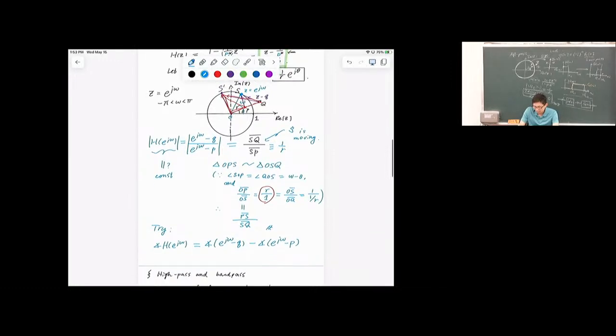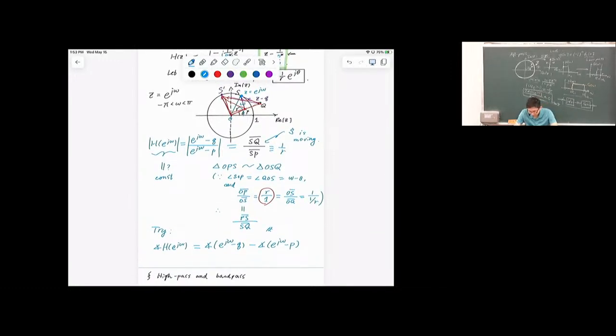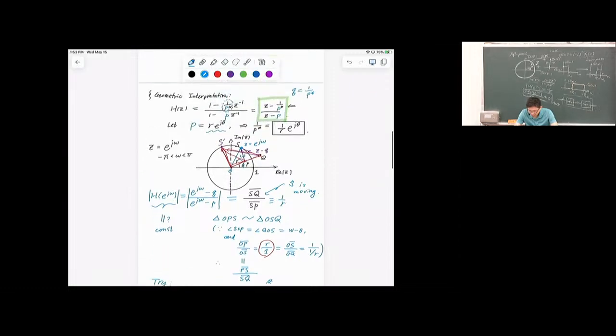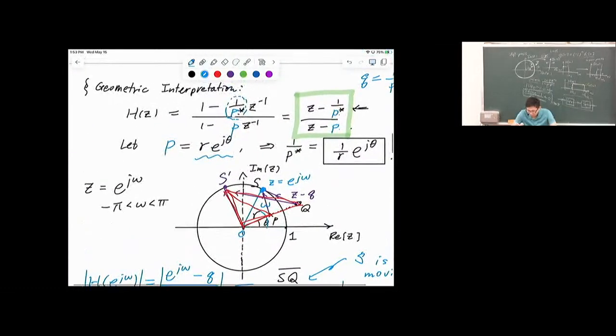If we blow up a little bit, what we are talking about is the phase between these two vectors, the angle between these two vectors. And this angle is, of course, going to change when S moves around the unit circle.